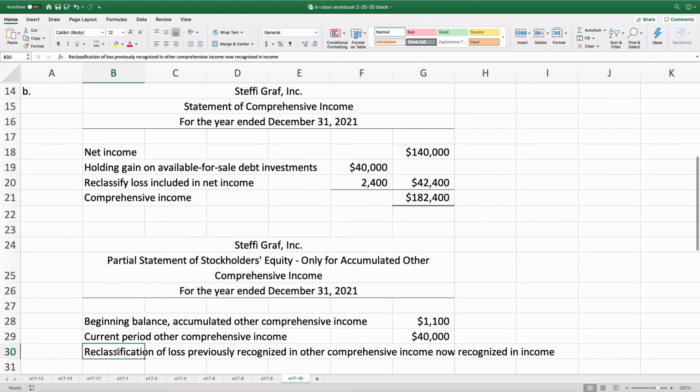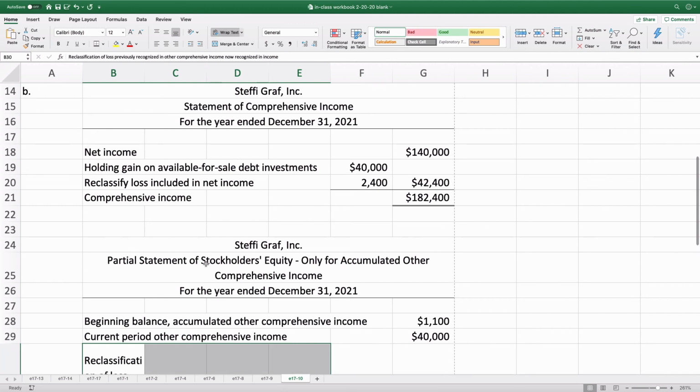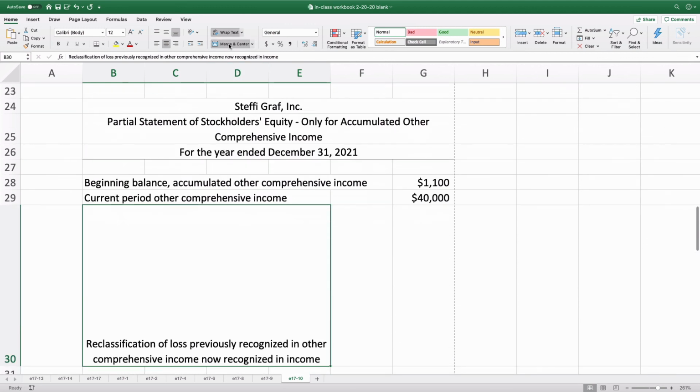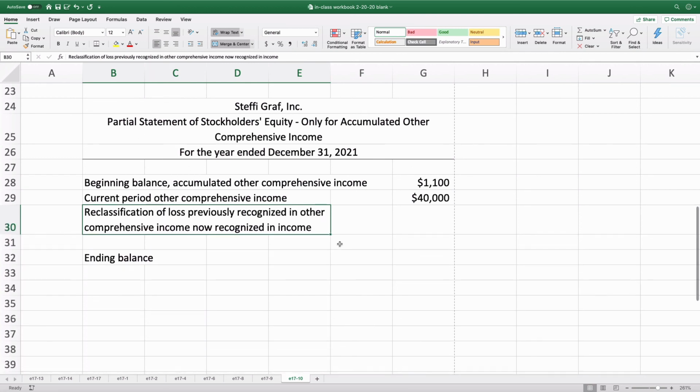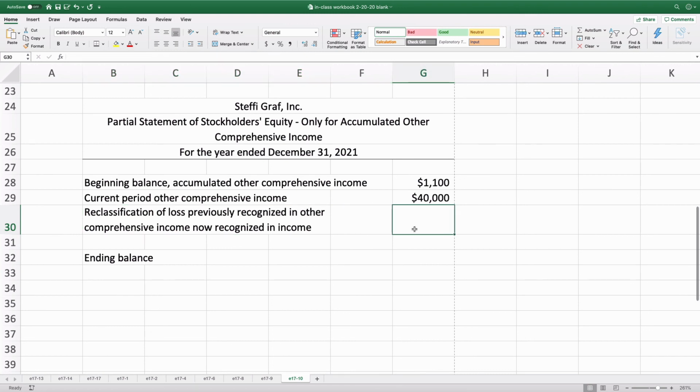And you say, oh, well, that's all spread out. We can fix that. I'm going to wrap this and merge and center. And then I'm going to go left justify. And I'm going to put that up here like this. And that's going to be the $2,400 loss that we had already recognized in OCI. Now we're also recognizing it in the income statement.